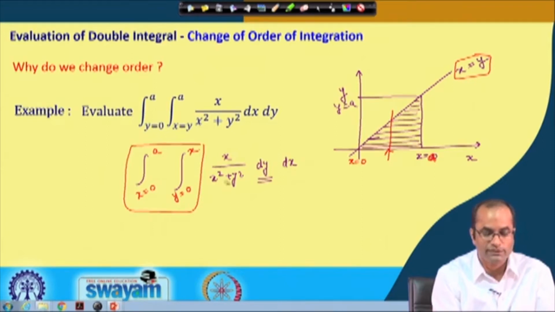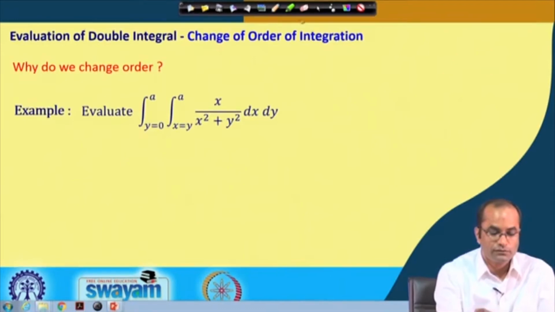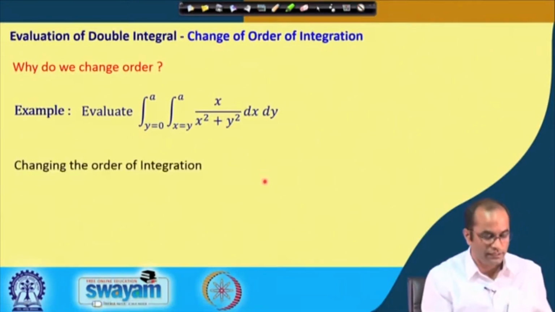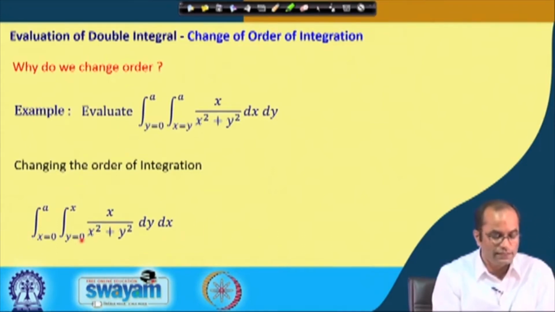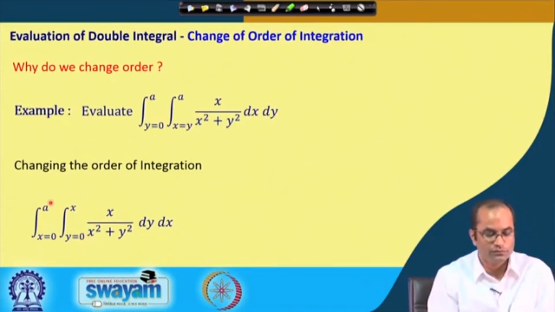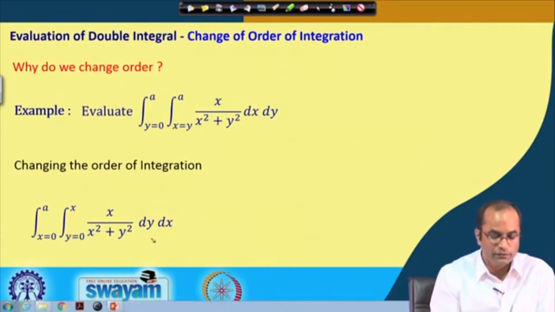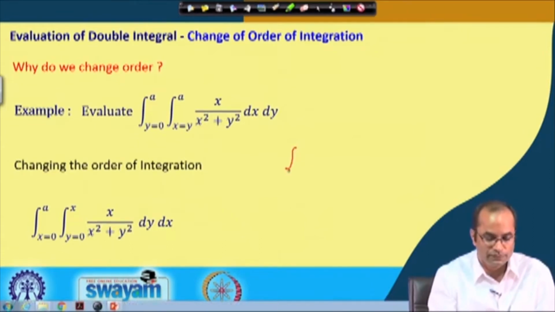So, we have the 1 over x² + y² term. After changing the order of integration, y goes from 0 to x and x goes from 0 to a. While integrating the inner one first, we fix the outer one, x from 0 to a.